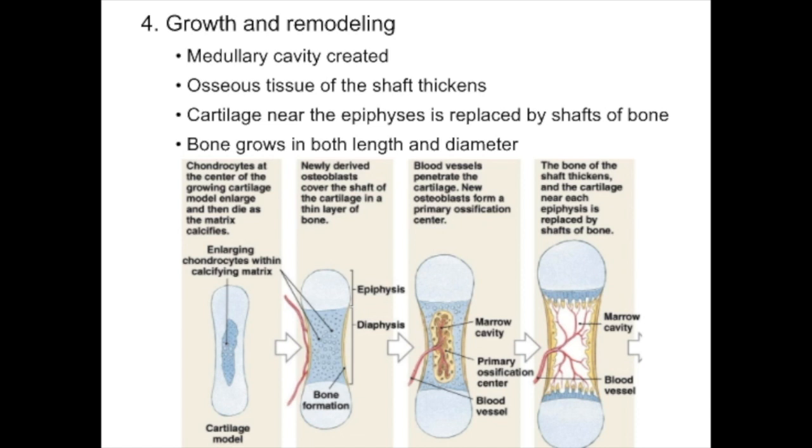So it's going to contain our hemopoietic cells that will form the red blood cells, platelets, and white blood cells that appear throughout an individual's lifespan. And we also have continued osteoblast activity, allowing for the diaphysis to thicken. And we're going to continue to lay down bone in sheets along the rest of the bone, which allows it to lengthen and increase in its diameter.